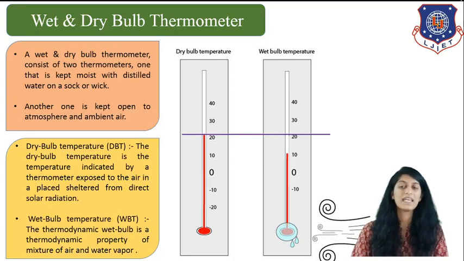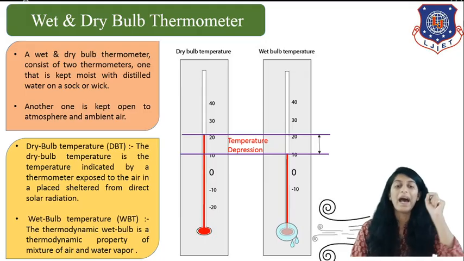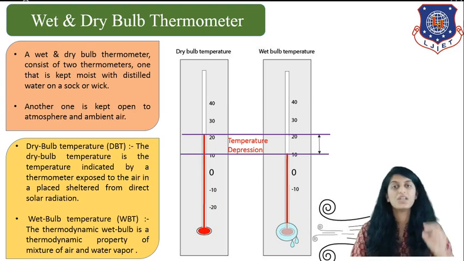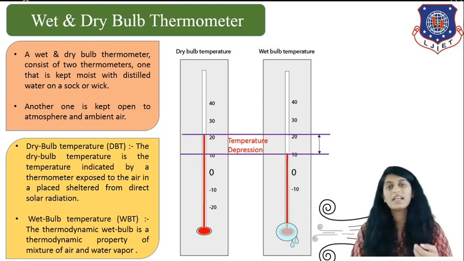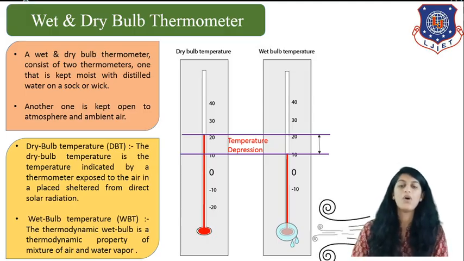So, this is the dry bulb temperature, and this is the wet bulb temperature. The difference between both temperatures is known as temperature depression, and this temperature depression is then converted into humidity, correct? So, this is how the wet bulb and dry bulb thermometer works, right?